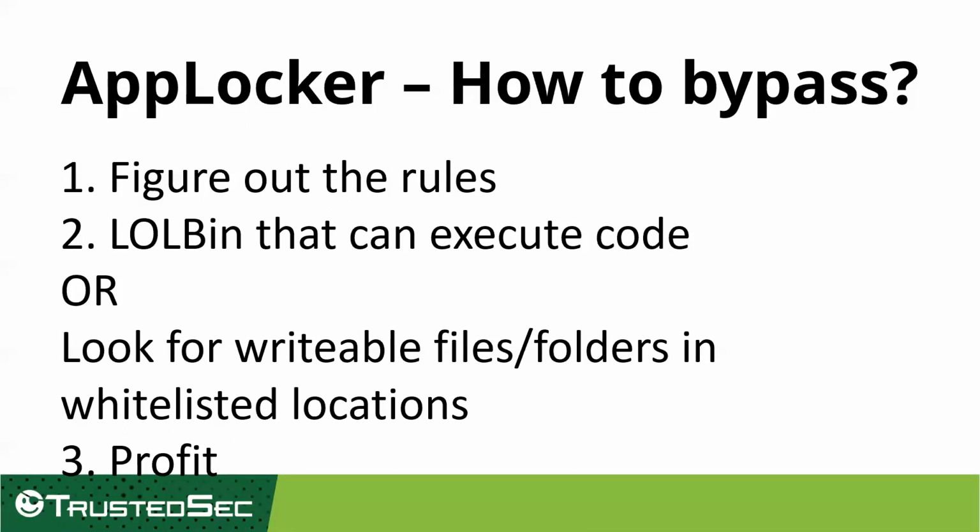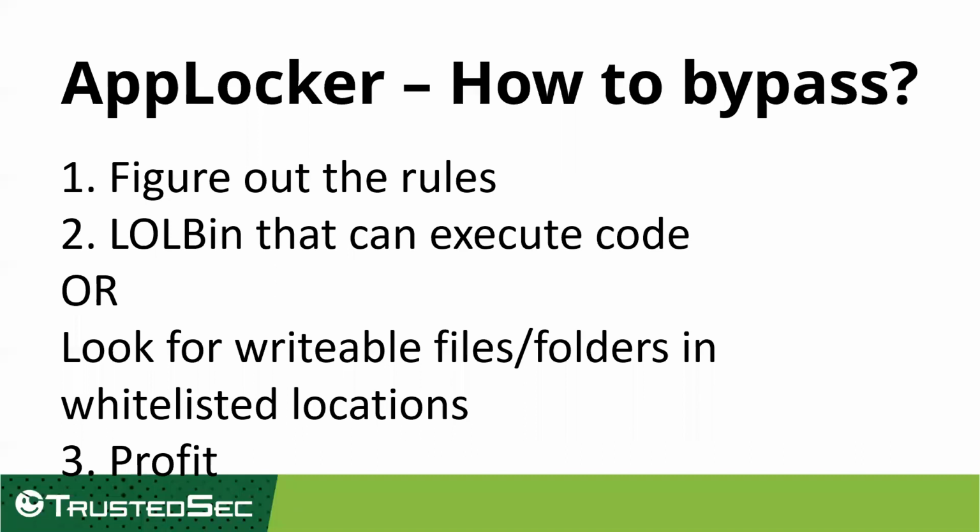Once you figure out the rules, you could decide to run a trusted signed binary to execute code. Just to name drop a binary, MSBuild, for instance, is a Microsoft signed binary that you can use to execute C# code. Normally that file is in a whitelisted location if you use the default setup with AppLocker.